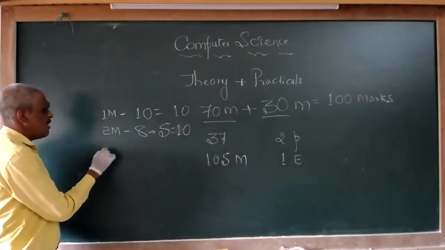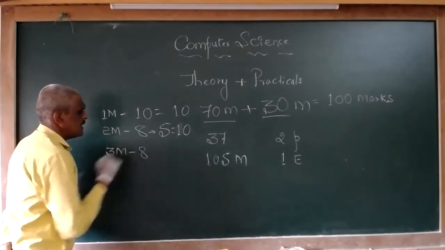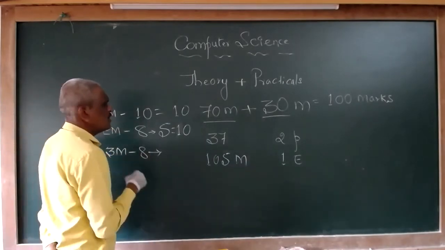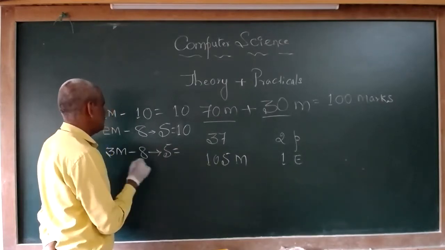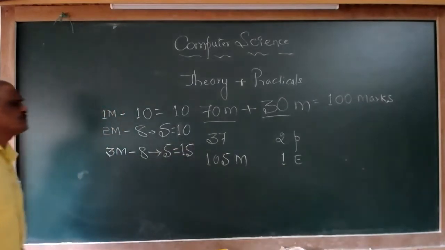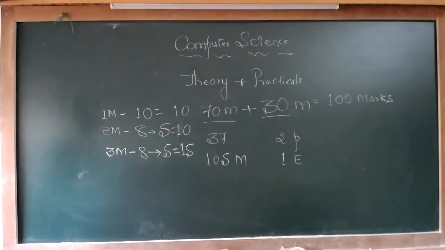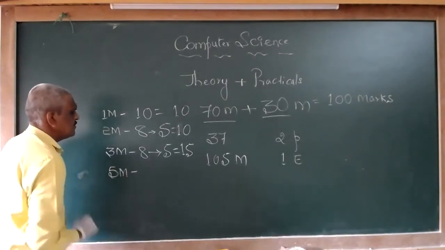Then we have 3 mark questions. In total you will get 8 questions, from which we have to solve only 5, again making 15 marks. Then we have 5 mark questions.